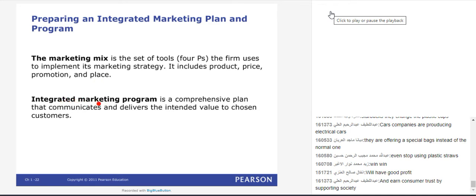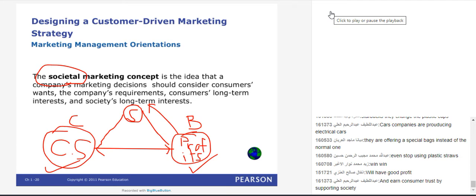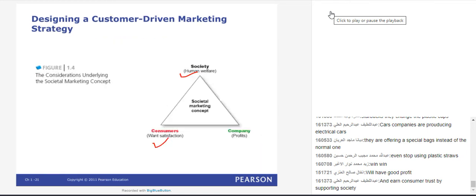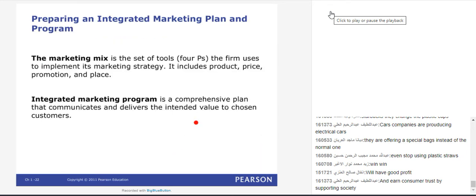If you remember a few slides before, we said we use integrated marketing. Integrated marketing means that we use all these tools, the four P's or the marketing mix, in order to deliver intended value to the chosen customers.